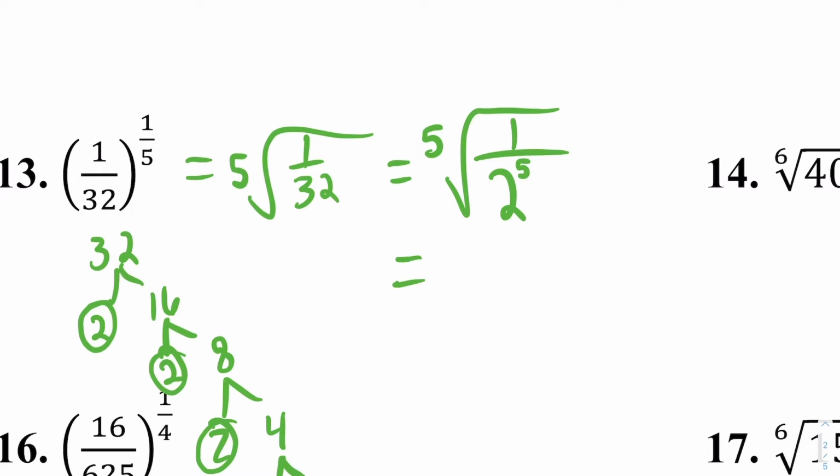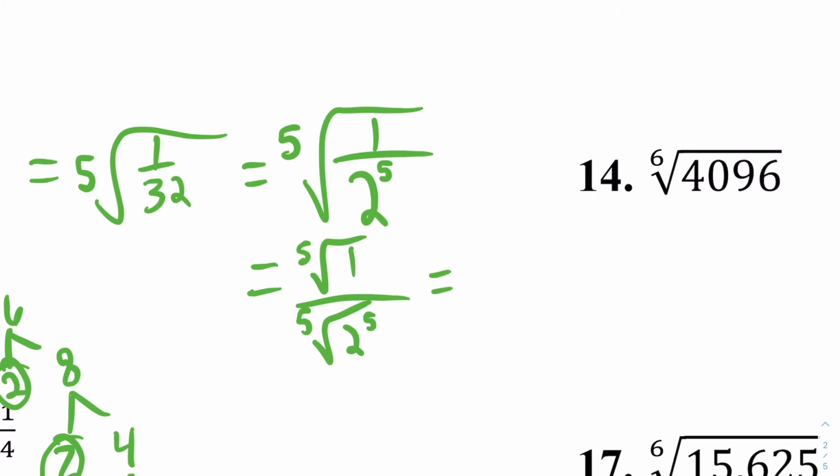Whenever you're doing roots, you can do the top part of the fraction separately from the bottom part of the fraction. So we can split this fraction up to be the fifth root of 1 divided by the fifth root of 2 to the fifth power.